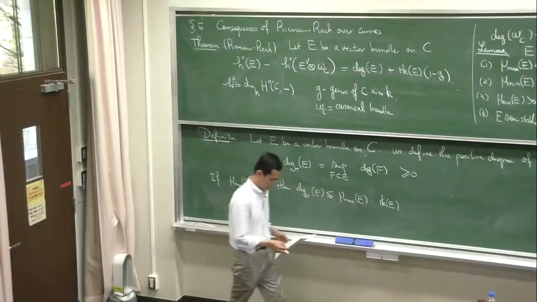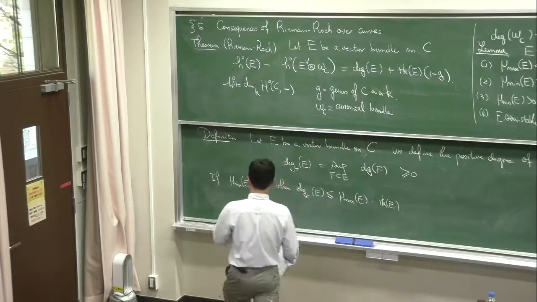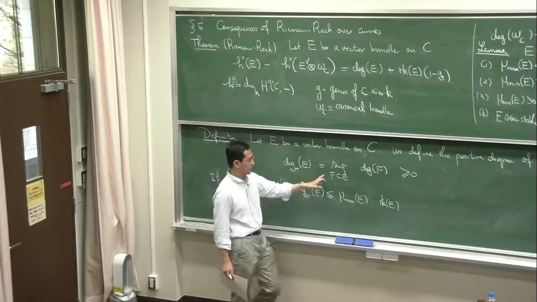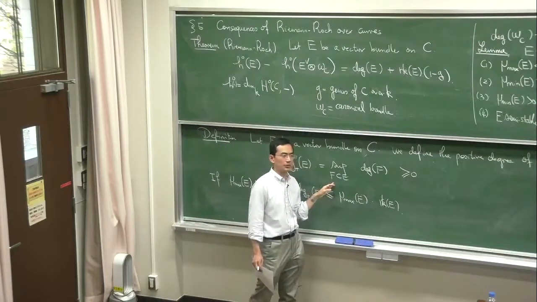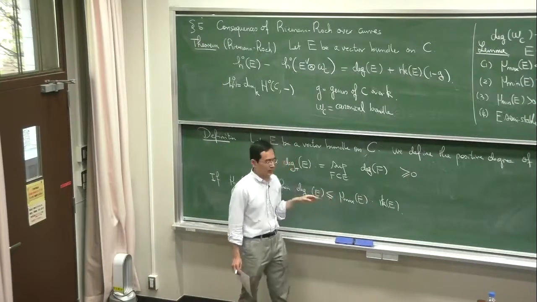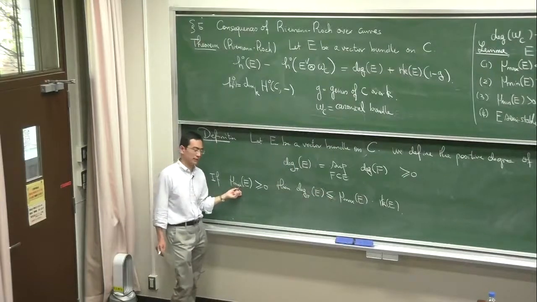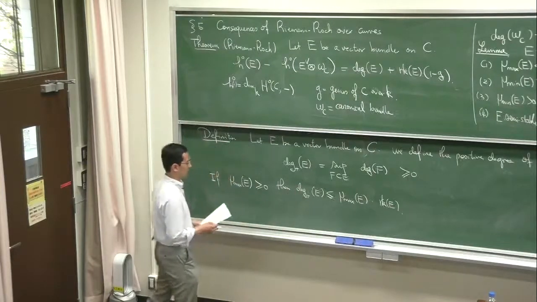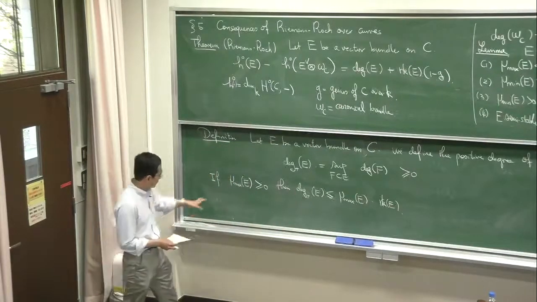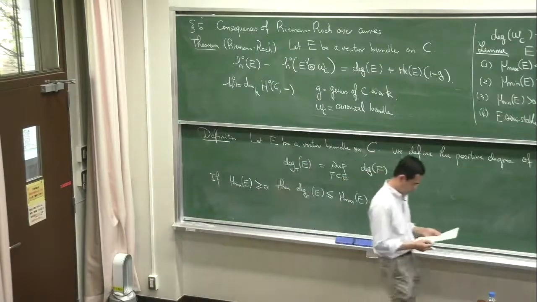This condition is important because we take the supremum over every vector subbundle, including 0. So even for the case where mu max of E is negative, such a thing is always positive or 0. So only when mu max is positive do you have this comparison.